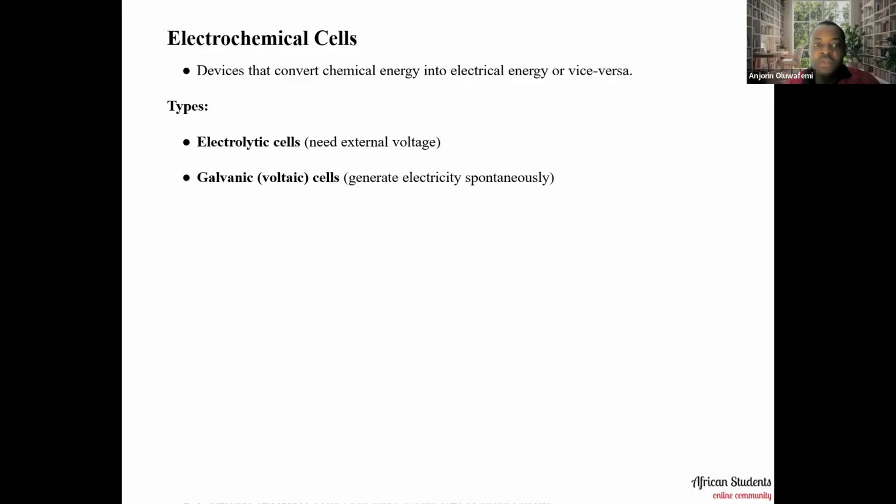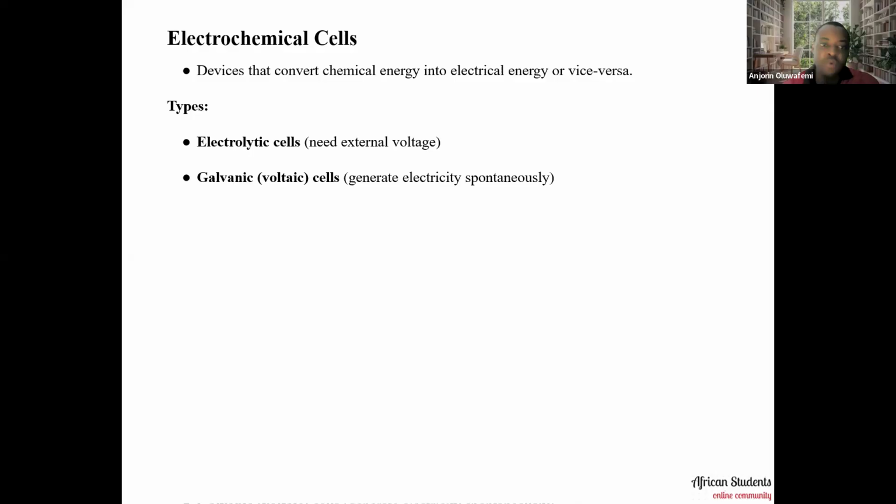There are different types of electrochemical cell. Number one is the electrolytic cell, that needs an external voltage, an external source of power. The second type is the galvanic or the voltaic cell, which generates electricity spontaneously.